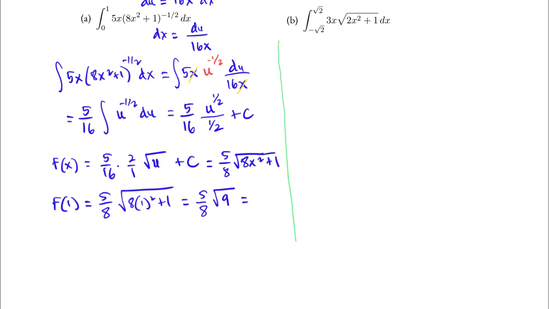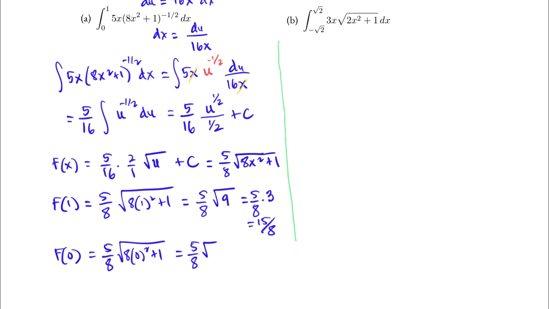So this is 5 over 8 times 3, which is 15 over 8. F of 0 equals 5 over 8 times the square root of 8 times 0 squared plus 1. 0 squared is 0, 0 times 8 is 0, plus 1 is 1. So this is 5 over 8 times the square root of 1, which is 5 over 8.